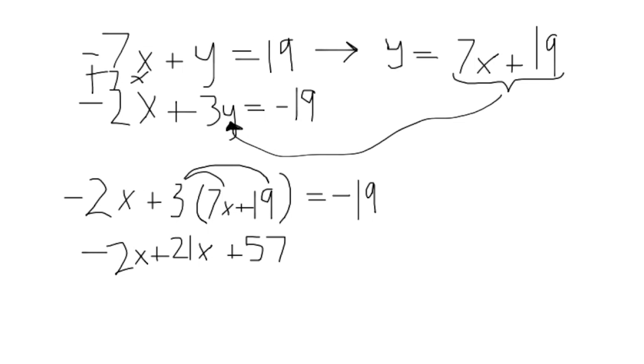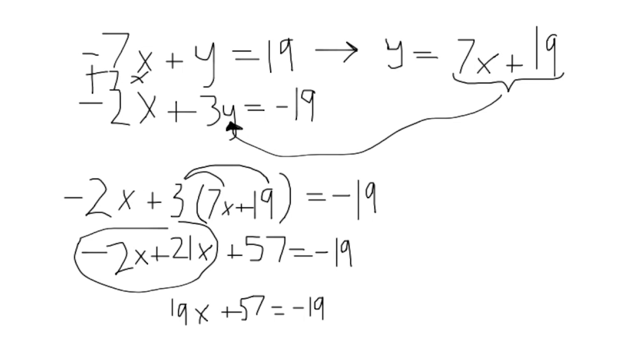Plus 21x equals negative 19, and now that you have the same variables, you can combine these together to get 19x. Then you're just going to subtract 57 from both sides.